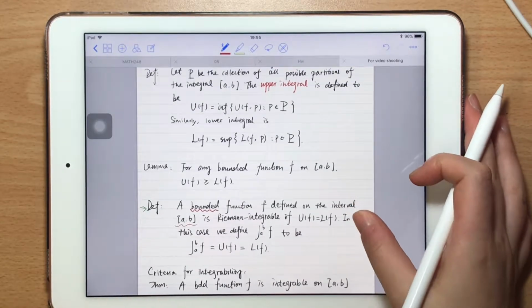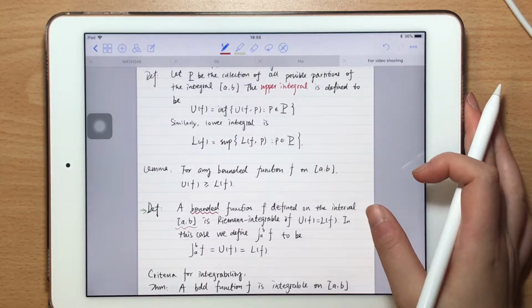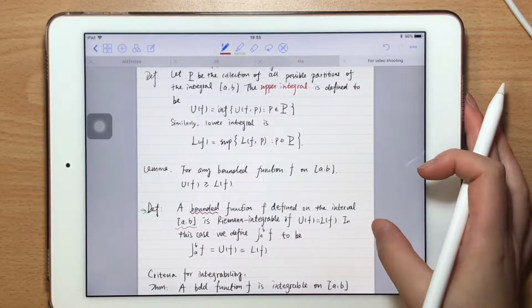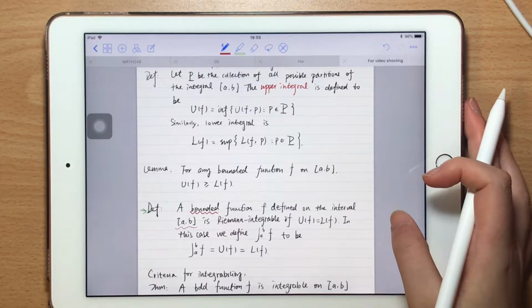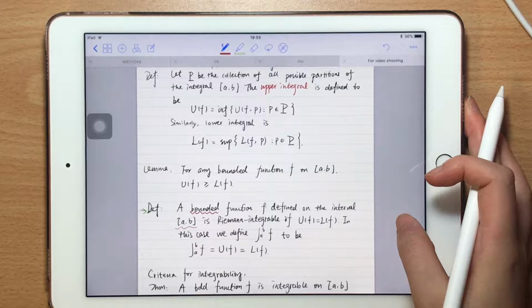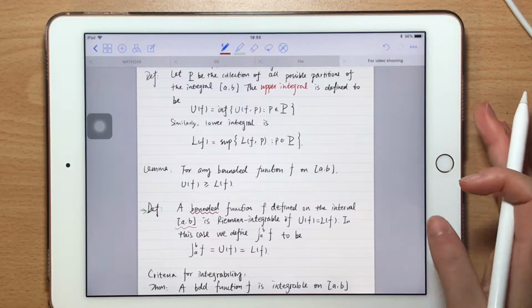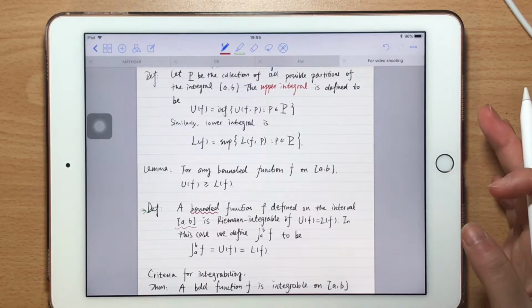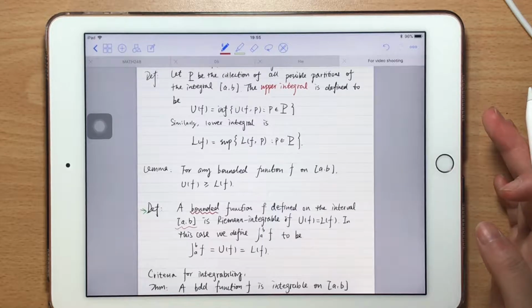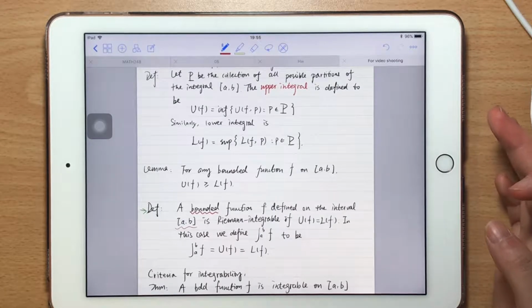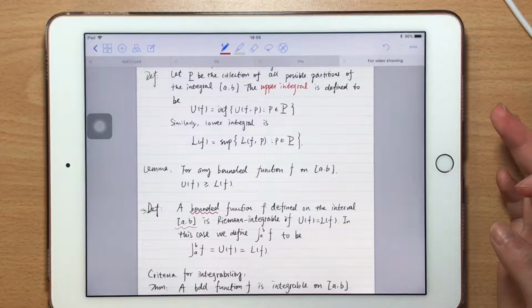Another lemma I forgot to say about the upper and lower integral is that, well, actually we have seen a similar consequence for the upper and lower sum, right? The lemma says for any bounded function f on AB, the upper integral is always larger than or equal to the lower integral. This is quite straightforward and obvious, right?